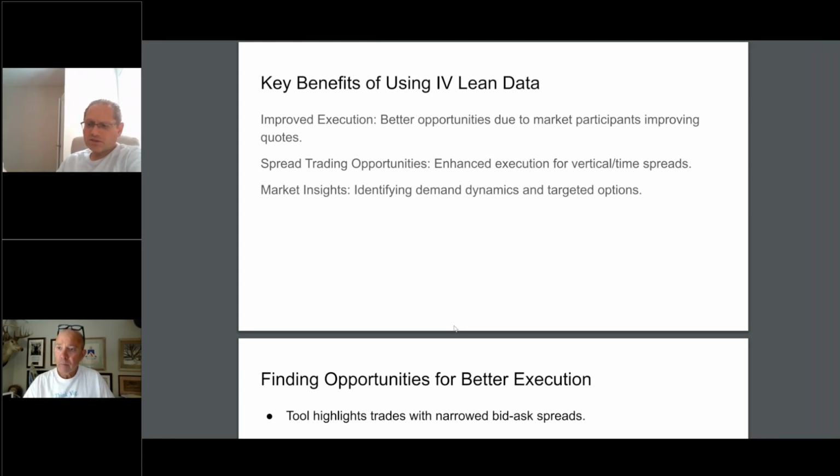And then the third benefit is that even if you're not trading, by observing the markets and detecting liens, it's another piece of information that will help you understand what might be going on in the markets.